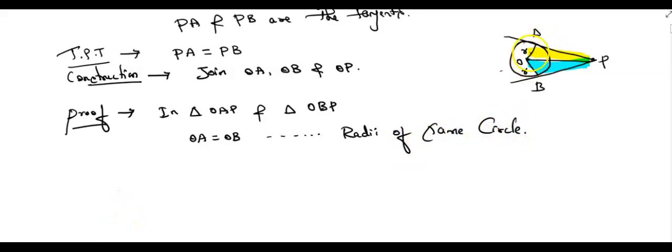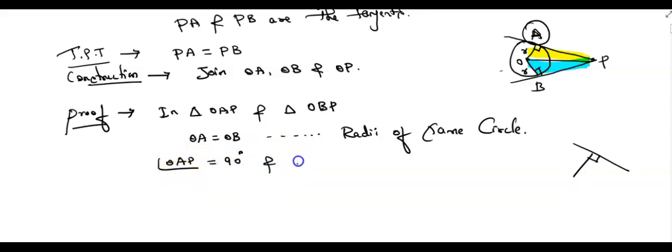And also we know that the angle between the radius and tangent is always 90 degrees. Yes. We can say that angle OAP, with A as the center, is equal to 90 degrees. Correct.